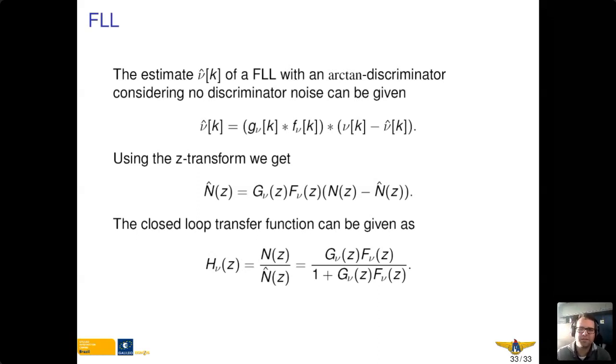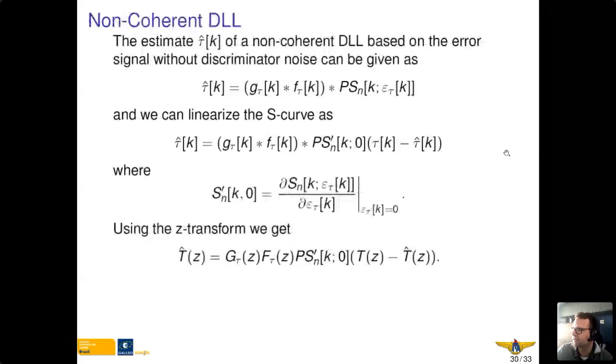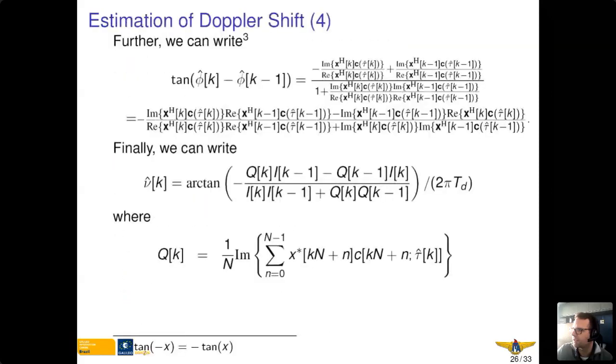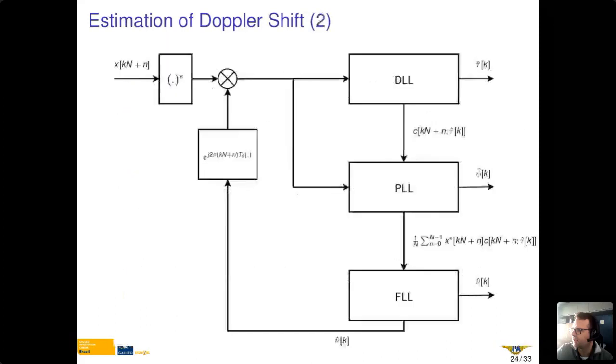So we have worked ourselves through the basic signal processing, where I will just show this overview here again, where from this structure at the output here, we have delay estimate, phase estimate, and Doppler estimate, and this is what will be used by the positioning for each satellite to calculate position.